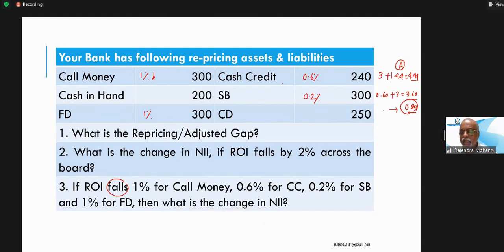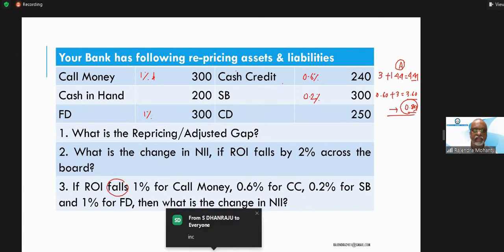This repricing gap is 84. That is also done. Now the thing is whether NII is going to increase or decrease. So 9 or 10 people have given the answer as increase, 2 or 3 people only decrease. 3 more have given the answer as decrease, so basically we have this.